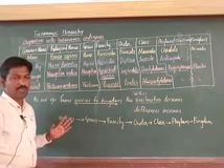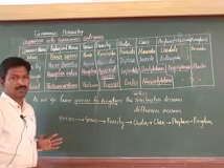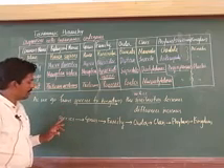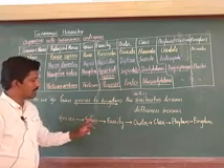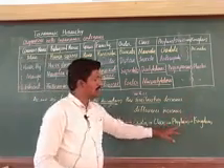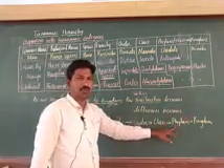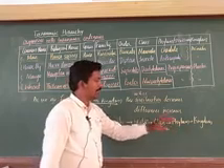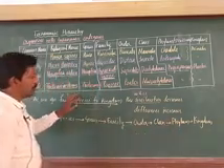Such questions may be asked in NEET. So that's why you should remember this: species, genus, family, order, class, phylum, kingdom. In case of plants, usually division is also referred to instead of phylum. That's why this line is also very important.